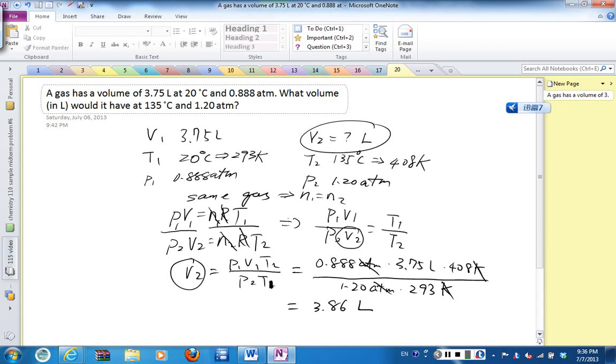And this way of getting individual gas laws from the ideal gas law is a very common practice in gas calculations. As long as you're dealing with the same gas sample, you can always set up two sets of conditions and divide them by each other.